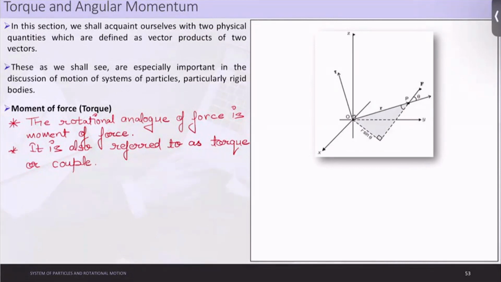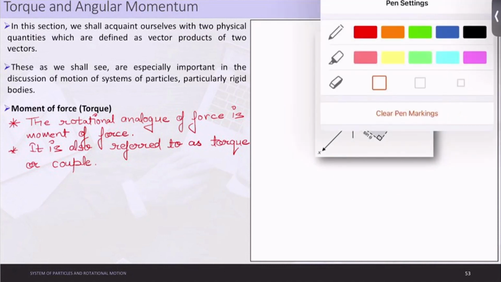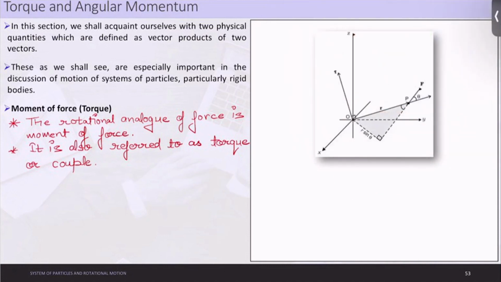Look at this diagram first. Here you can see a particle P on which a force is acting in this direction. This is the direction of force, and this is your R value, so R can be extended and kept in this direction.